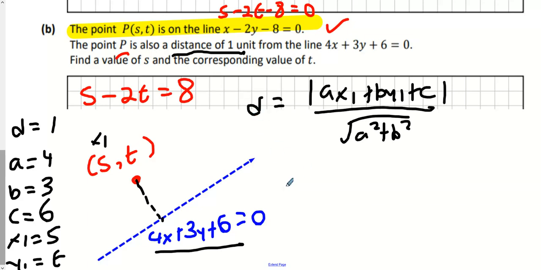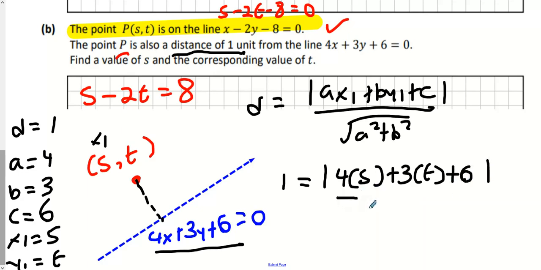Now I'm going to fill in the formula. 1 equals ax1, which is 4 times s, plus 3 times t, plus c, which is plus 6, all over the square root of a squared plus b squared. A squared plus b squared is 4 squared plus 3 squared.